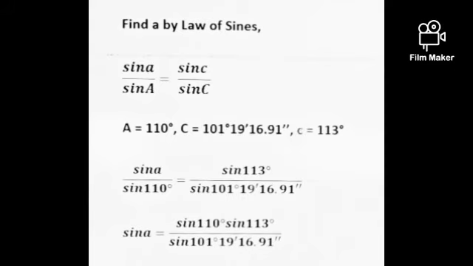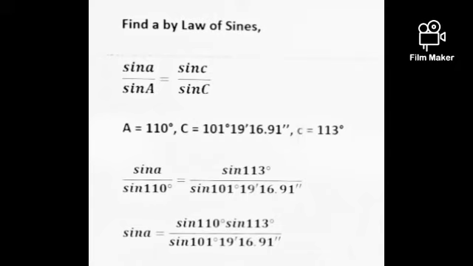Now we find the side small a by law of sines. Since we are given angle A, we are given the side small c, and we have found the angle capital C, we find a by law of sines: the ratio of the sine of small side a and the sine of angle A is equal to the ratio of the sine of small side c and the sine of the opposite angle capital C. We substitute A equals 110 degrees, capital C 101 degrees, 19 minutes, and 16.91 seconds, and the given side small c 113 degrees.